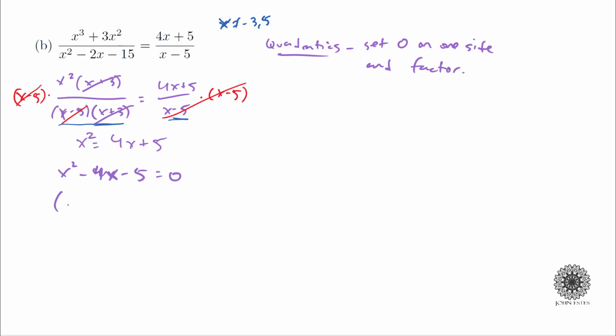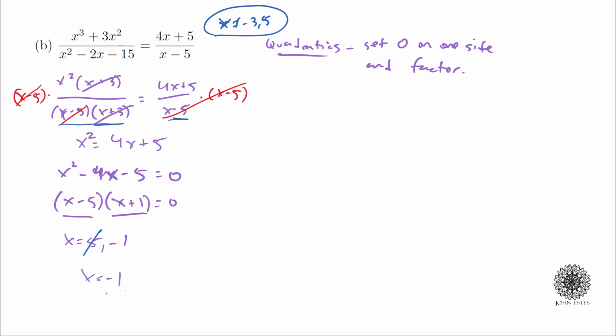I need two things that multiply to give me negative 5 and add to give me negative 4. How about x minus 5 and x plus 1? So now when I solve this, I get x equals 5 and negative 1. Oh, but we have to remember we had a stipulation here. 5 is not a valid solution, so my only solution then is x equals negative 1.